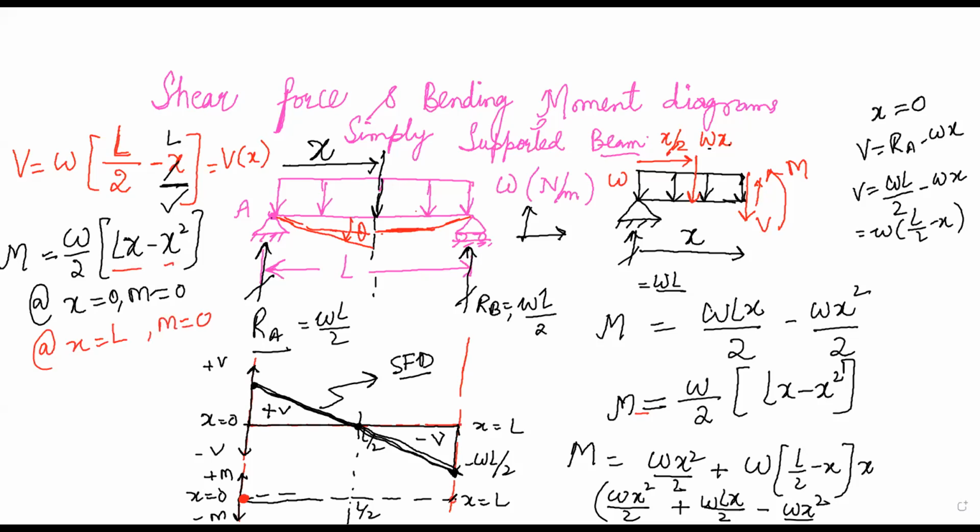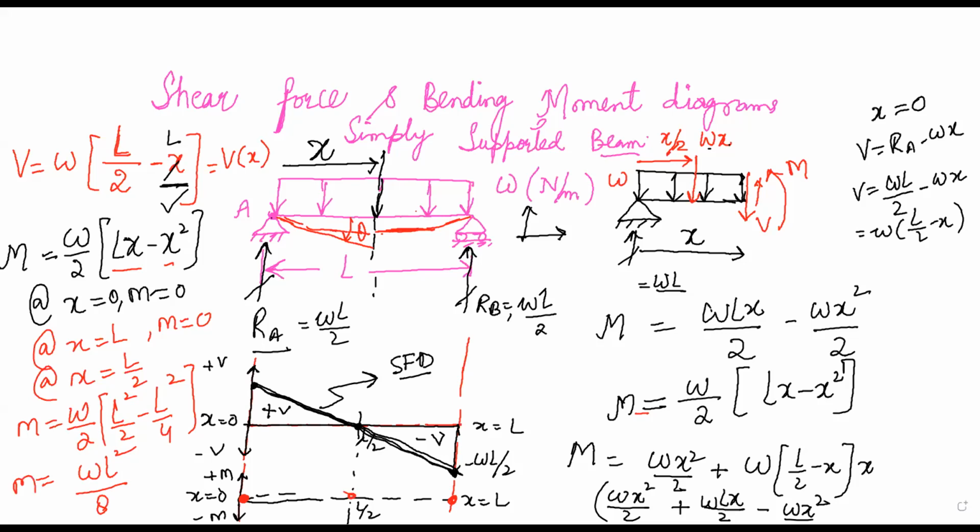At x is equal to L by 2, the value of M becomes w by 2 into L square by 2 minus L square by 4. Therefore, that is wL square by 8. So at x is equal to L by 2, it is positive, wL square by 8.